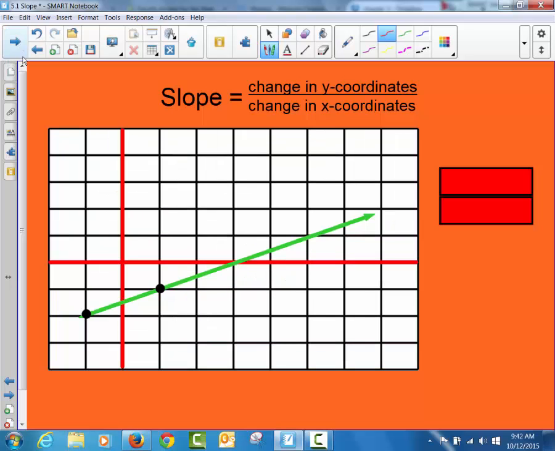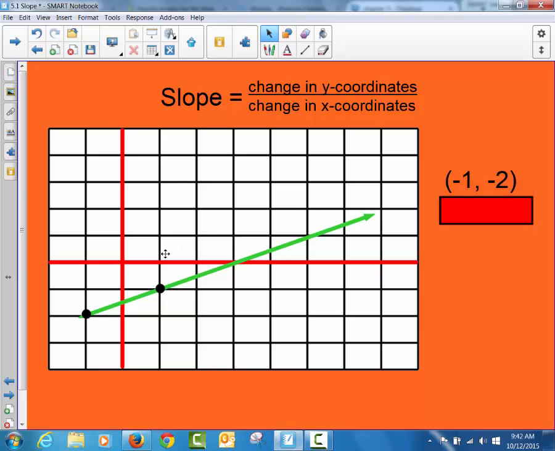The other way to do it is the change in the y coordinates over the change in the x coordinates. The coordinates of the first point are -1, -2. And the coordinates of the second point are 1, -1.